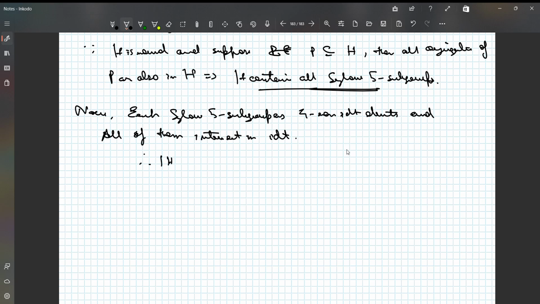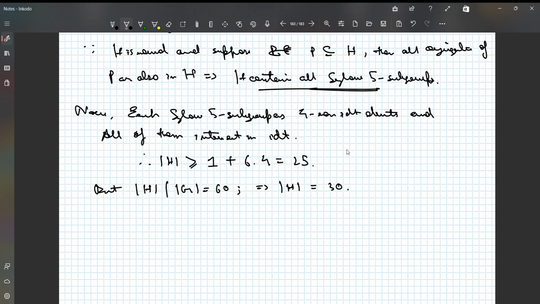So the order of H must be greater than or equal to 1, which comes from the identity element, plus the total number of non-identity elements from the Sylow 5-subgroups. There are 6 Sylow 5-subgroups, each containing 4 non-identity elements. So that is precisely 25. But the order of H must divide the order of G, which is 60, and the only factor of 60 which is greater than or equal to 25 is 30. So this immediately implies that the order of H is 30.